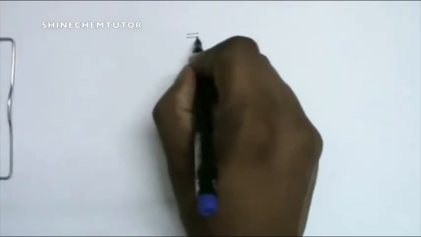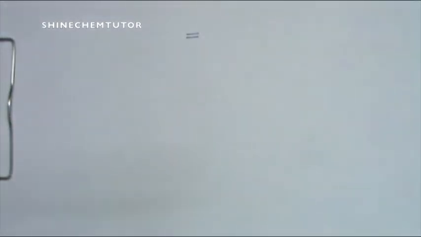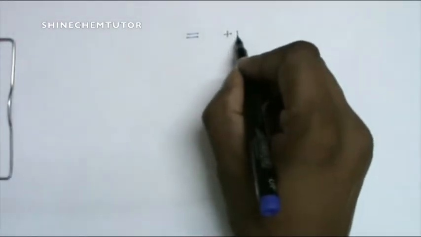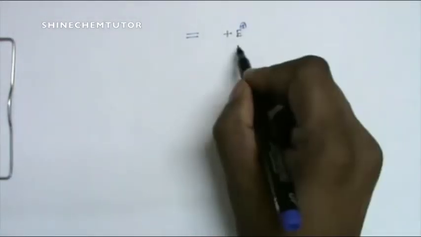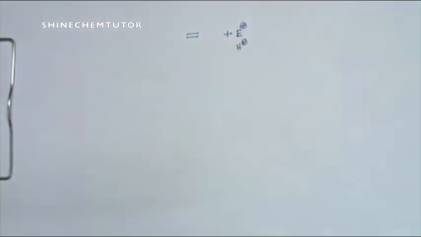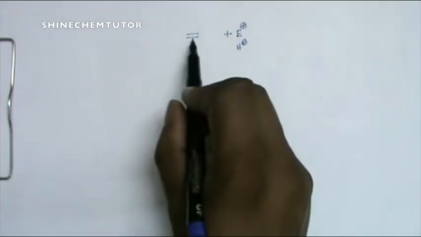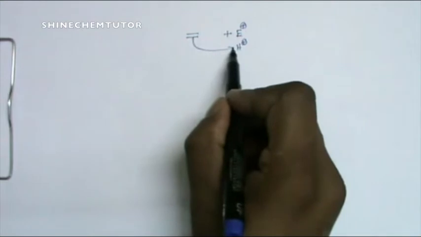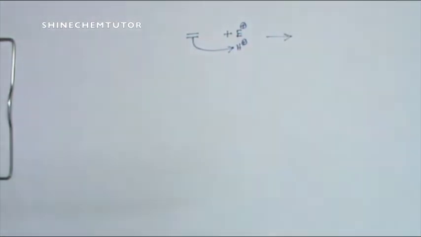Now, let us go for alkene, the isolated alkene. To this, if I add an electrophile, let us take H plus for example. This double bond will attack H plus to make a bond with hydrogen.